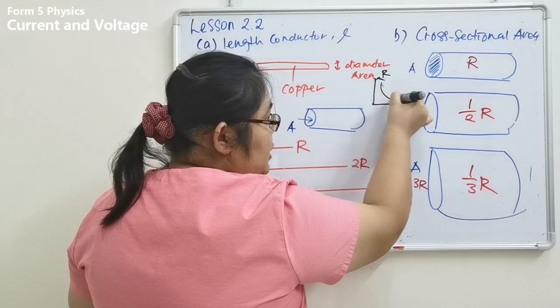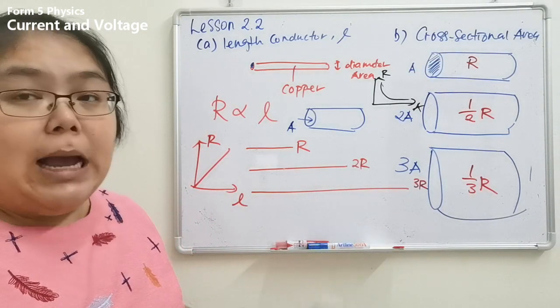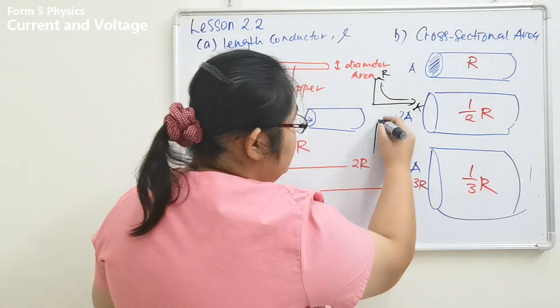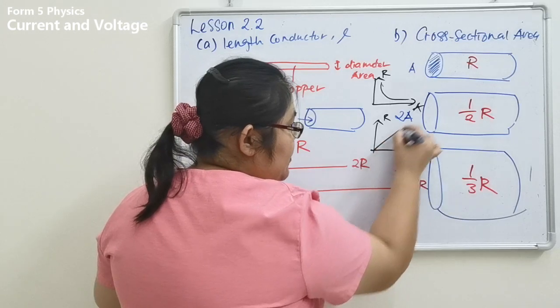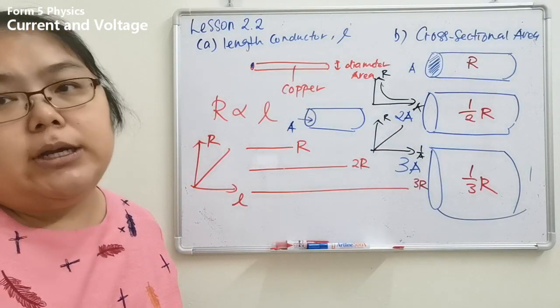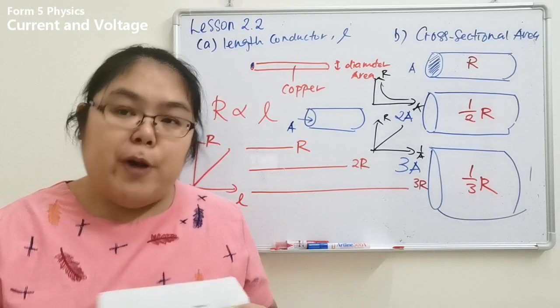Your graph should be inversely proportional. If I want to plot a direct relationship, you need to change it to R against 1 over A, so it becomes directly proportional.